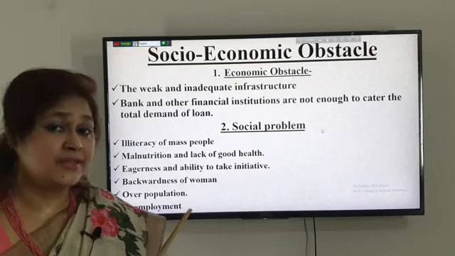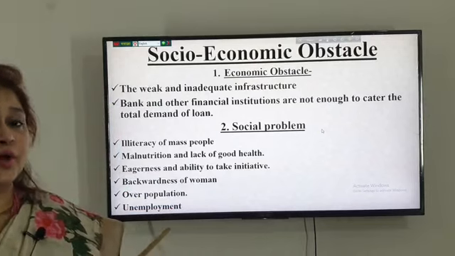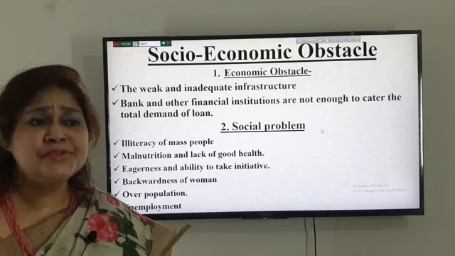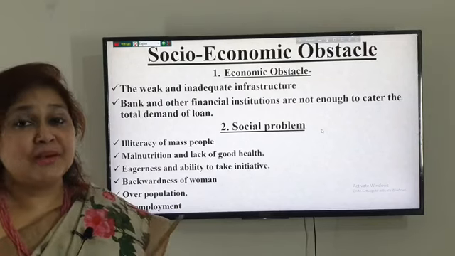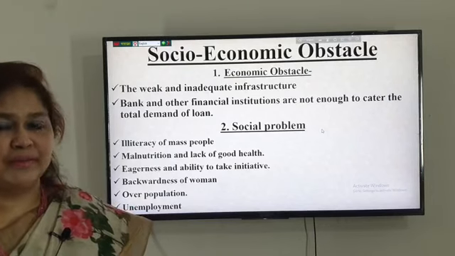And sometimes we see those who take different advantage or loan from banks, they cannot use this money for establishing industry in our country. This is also one of the major problems.